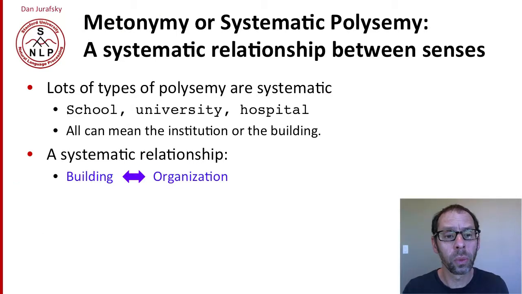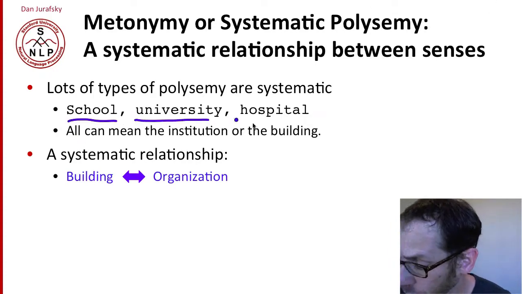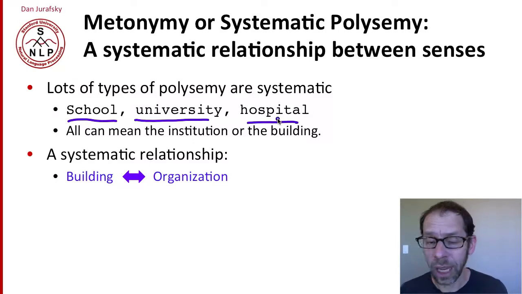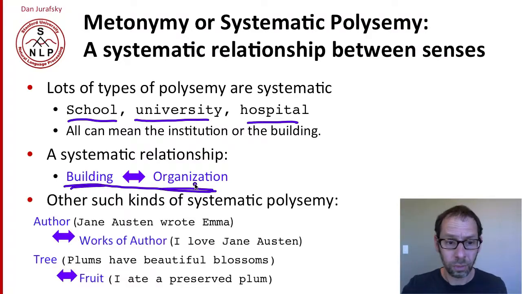When the meanings between related words are systematic, we call this systematic polysemy, or sometimes metonymy. So lots of polysemy is systematic. So for example, words like school, university, hospital, all of these have the same polysemy we saw for bank. They can mean the institution or they can mean the building. So we say there's a systematic relationship between buildings and organizations. There's other kinds of systematic polysemy.